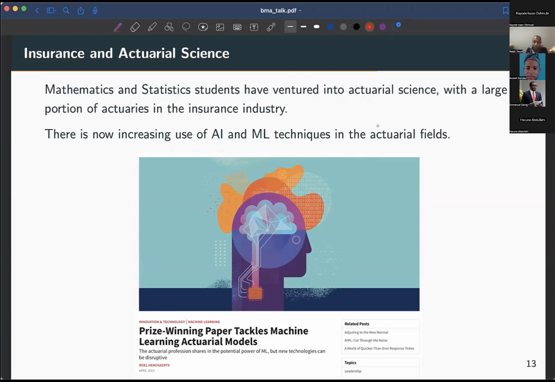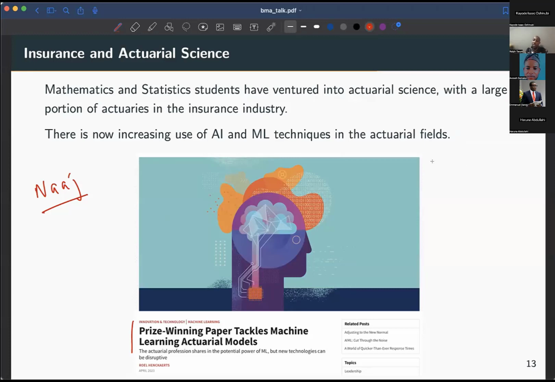I was looking at a paper this afternoon, the prize-winning paper. The Society of Actuaries has a journal called the North American Actuarial Journal. And the paper actually showed how you could use things like a classification and regression tree in pricing a policy. A classification and regression tree essentially asks a series of questions, and depending on the answers you get, it bins the policyholder, in this case, in a particular area, and then you can use that to price the policy.